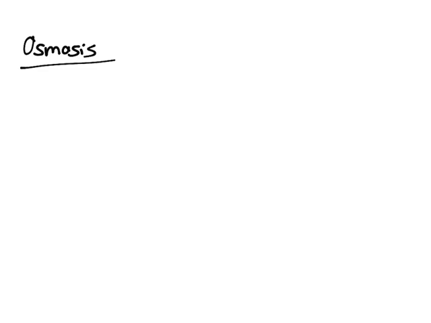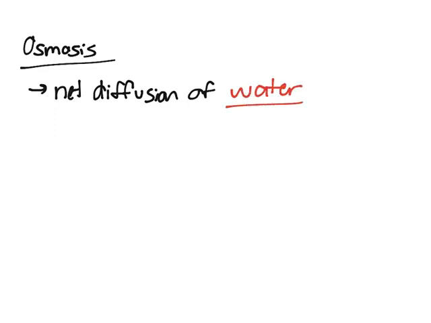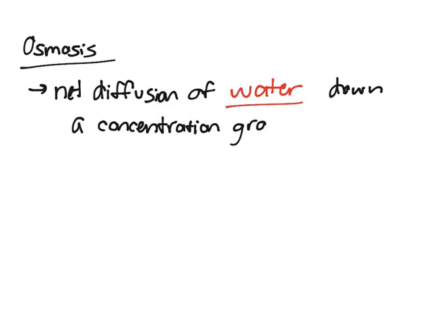So osmosis is defined as the net diffusion of water. Specifically, it's water down a concentration gradient.